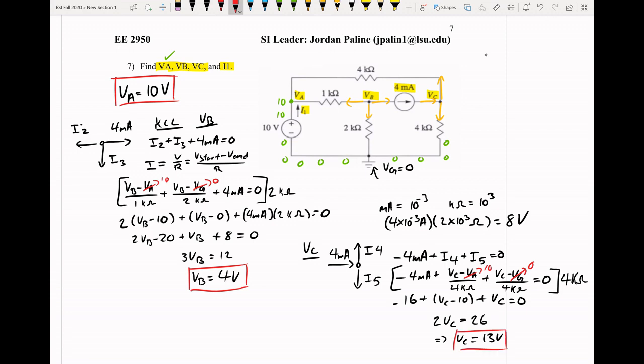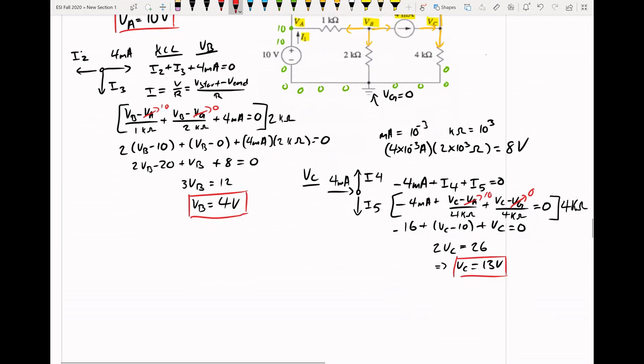All right. Now to find I of 1, let's do one more nodal analysis. So we're going to say I of 1 is coming in this way. Call that one I of 2 and call this one I of 4, just to keep it consistent. It's just this one up here.